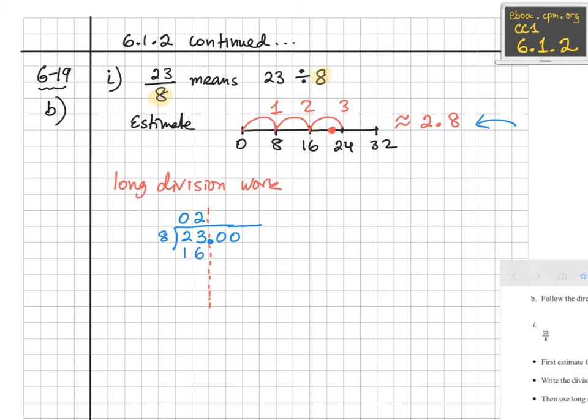Right now we are supposed to subtract and get the remainder, the difference between 16 and the 23 there on the number line. As I'm subtracting, the remainder is 7. And I see the decimal point, which I'm going to place back on top in the same location.